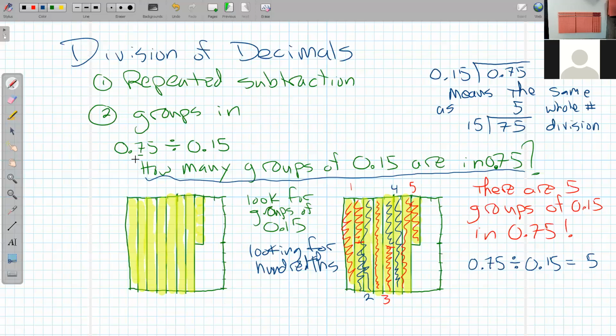With multiplication, addition, and subtraction, I can make up almost any problem off the top of my head, and I can draw the picture. But I can't do that with division. I have to think about it carefully, because the number choices do matter in terms of drawing the picture, just because division is really the harder of the 4 operations. But the key is that we're looking for groups in, which is like long division.